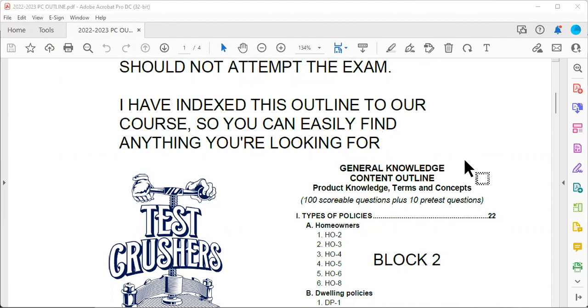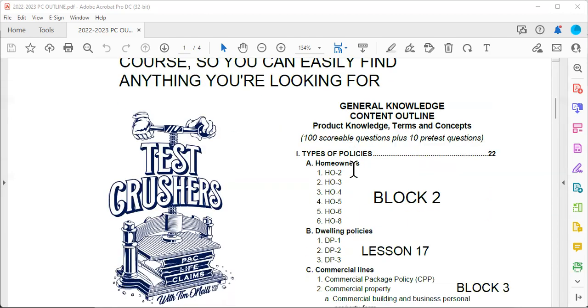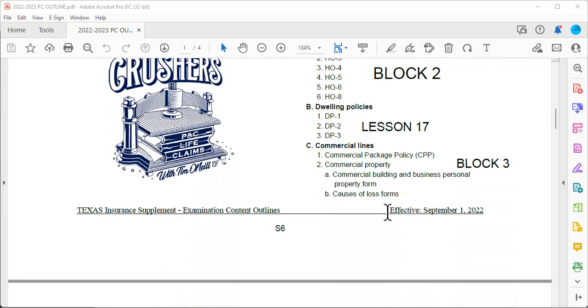This is the course syllabus, or the outline of topics, for the property and casualty license, general lines agent for property and casualty. Notice this is published yearly on September 1st. So this is now the current syllabus until September 1st of 2023.